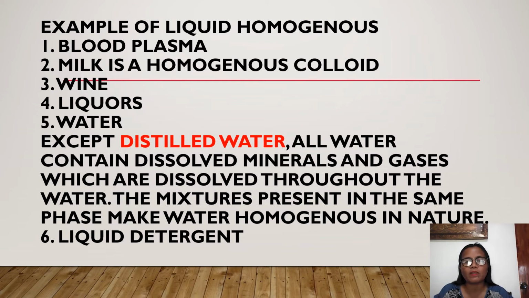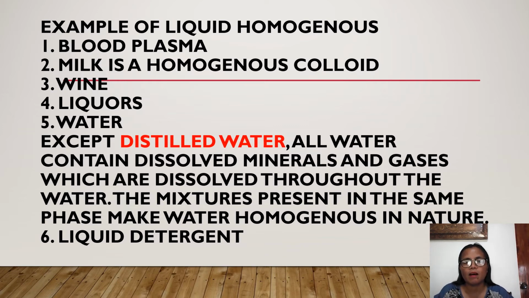All water contains dissolved minerals and gases which are dissolved throughout the water. The mixture present in the same phase makes water homogeneous in nature. Again, why do we think that water is an example of a homogeneous mixture?